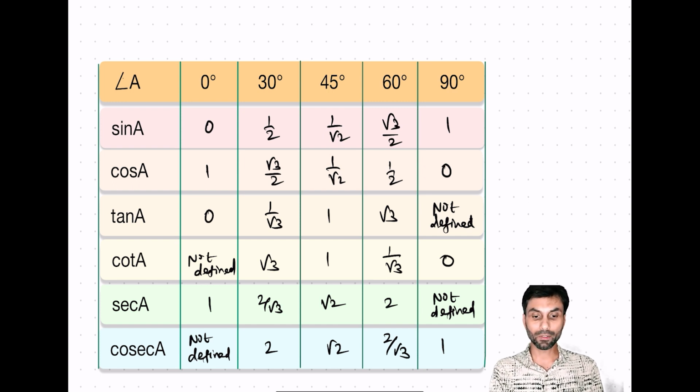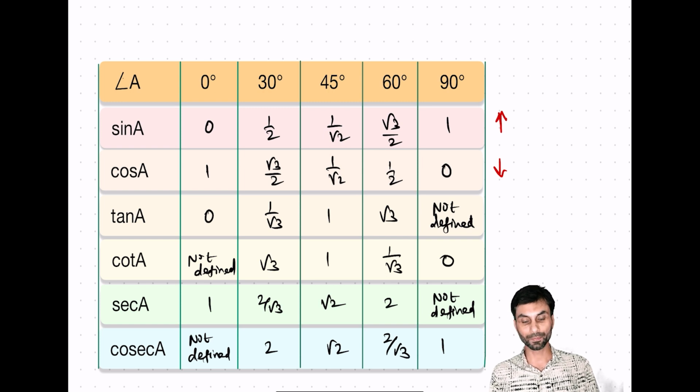Now one thing we observe here is that for the trigonometric ratio sine, as the angle increases, the value also increases from 0 to 90. For cos, as the angle increases, the value of cos decreases.